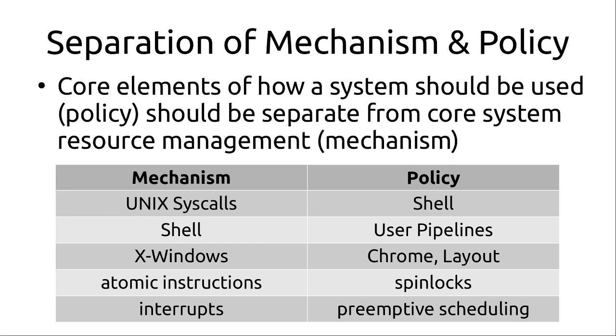Spin locks use the mechanism of atomic instructions by adding policy to behave like something that provides critical sections, right? Interrupts, comparably, are a hardware abstraction that we use to provide preemptive scheduling as a policy.